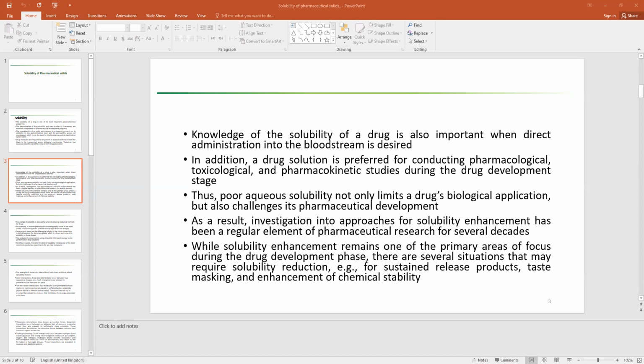There are several situations where sometimes we have to do exactly the opposite, where solubility reduction is required. For example, sustained release products, taste masking products, and enhancement of chemical stability are dictating us to put some effort into lowering solubility.